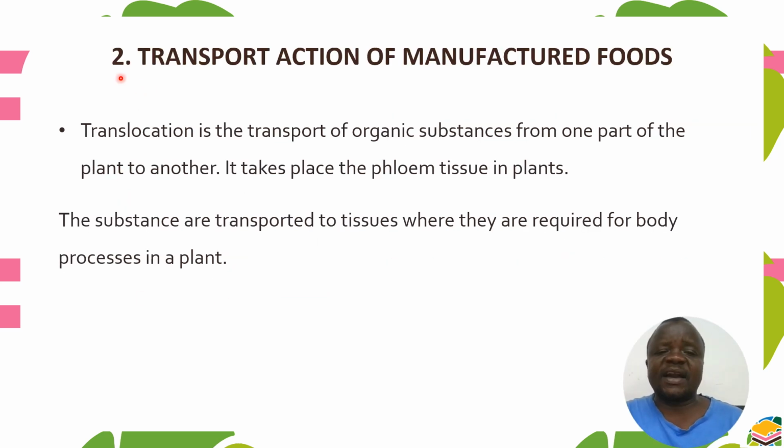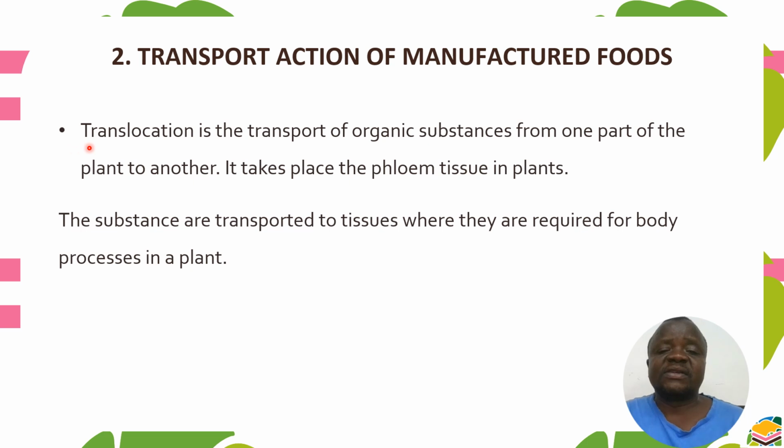Number 2, the second function of active transport is transportation of manufactured food. Remember, the glucose is made in leaves and it has to be transported from the phloem into the sieve tubes, and this requires active transport.